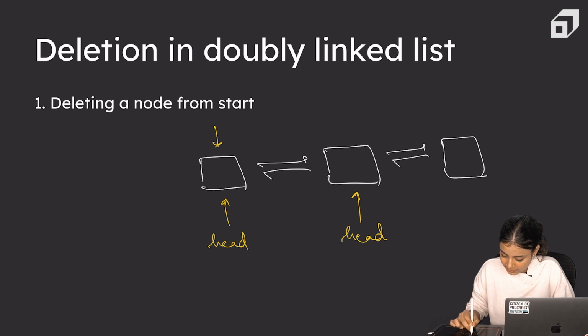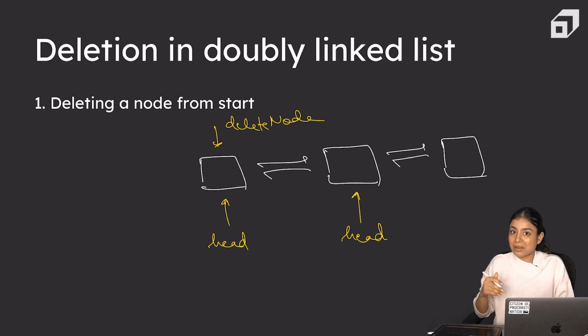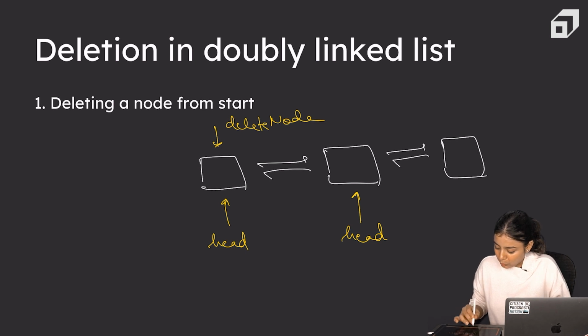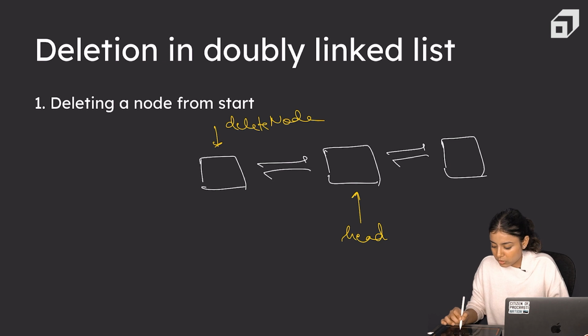First of all, let's make the node that needs to be deleted pointed to by a pointer. I can make a temp pointer, delete node, whatever, some pointer pointing to the node that I have to delete. Then I'll move my head forward to the new head after I delete my first node, and I'll make the previous of my head point to null.